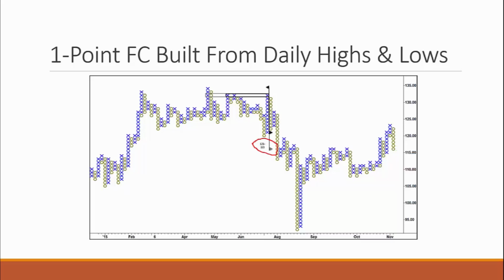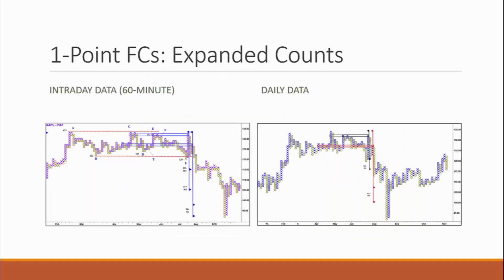Let's look at both. Okay, here they are side by side. Now, again, both charts are one-point figure charts. Each figure represents 1 point, and it requires the market to move a full point to change the direction of the column.